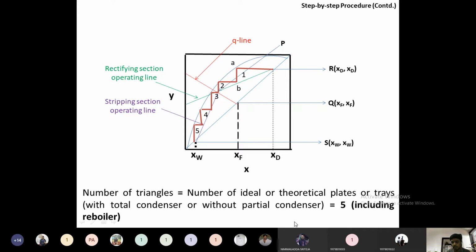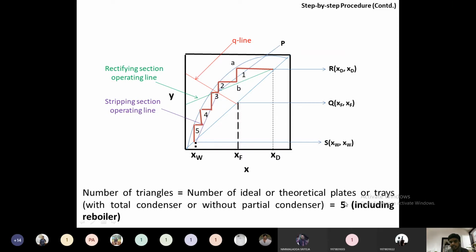When the problem itself says that we have used a partial condenser, partial condenser means we have to subtract one value from here. So it will be 5 minus 1, excluding the partial condenser.